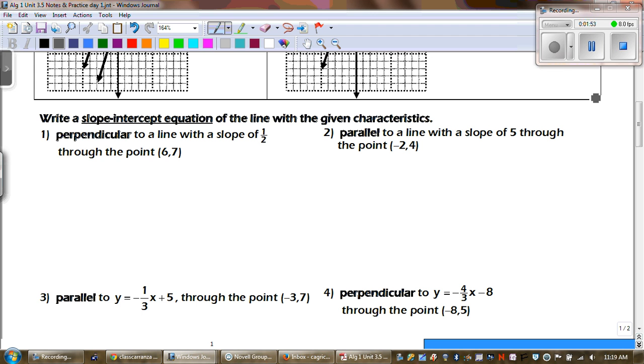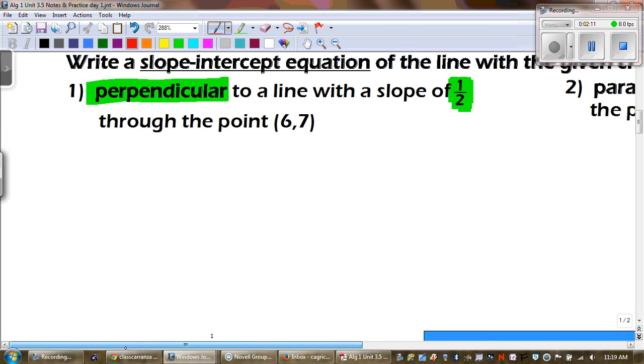Write a slope-intercept equation of a line with the given characteristics. Okay, they want a line that's perpendicular to the slope of 1/2. So if our current slope is 1/2, I want the opposite reciprocal of that.